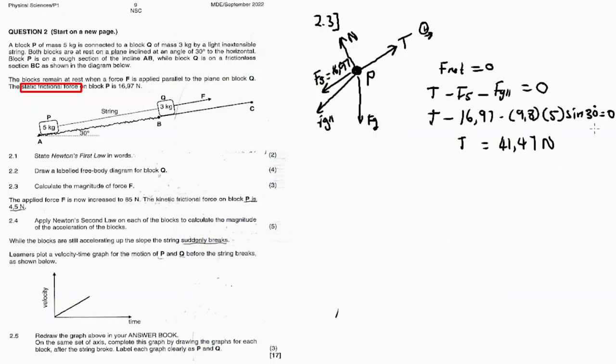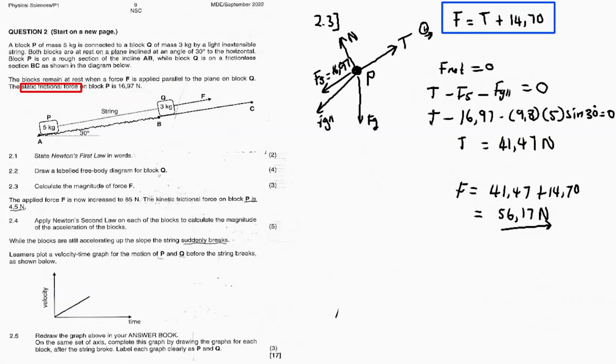We remember that F is equal to tension plus 14.70, right? So substitute T here, then it gives us F. So our answer for the force is 41.47 plus 14.70 is equal to 56.17.